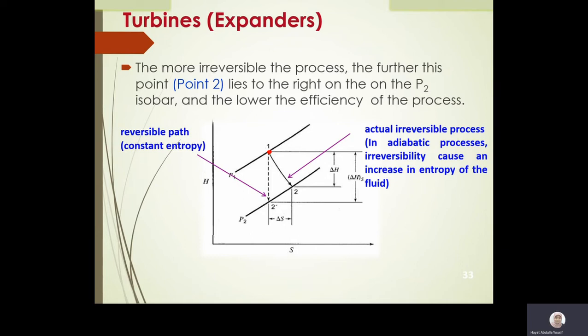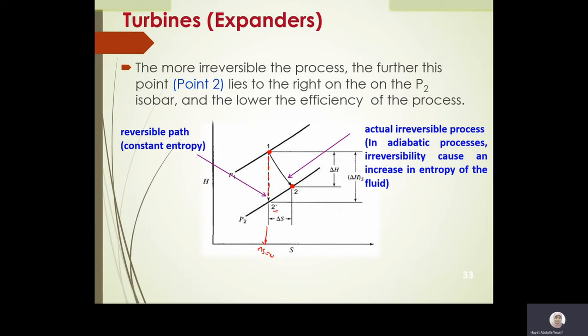With the expander or the turbine, we get a reduction in pressure, and because of that you are moving from point 1 to point 2. If that reduction in pressure took place in an isentropic manner, then you would have this dashed line. The dashed line here means I don't have any change in S, so delta S is equal to 0 between 1 and 2 dash. 2 dash means the final condition at which you have isentropic condition.